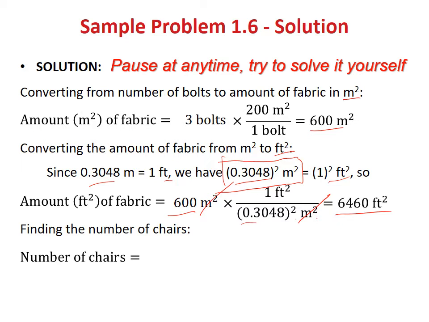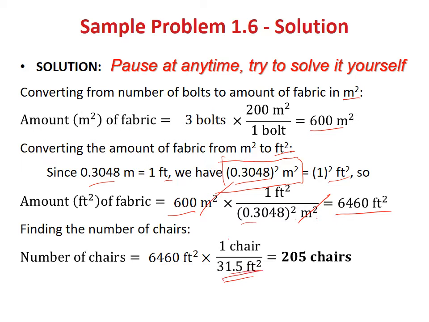So next one, how many chairs? Then you write the conversion factor. One chair needs 31.5 square feet. This is a denominator because you can remove square feet, giving you how many chairs. And then 6,460 divided by 31.5 gives you 205 chairs.